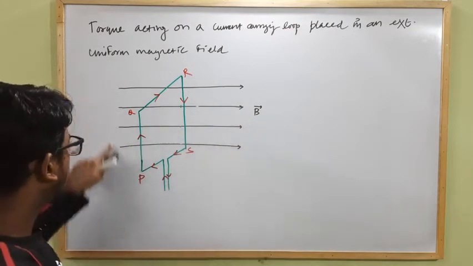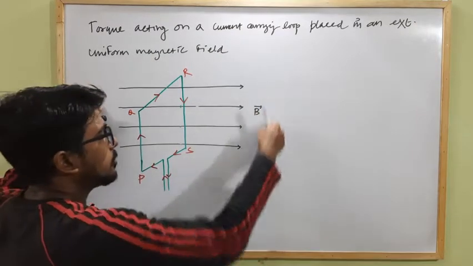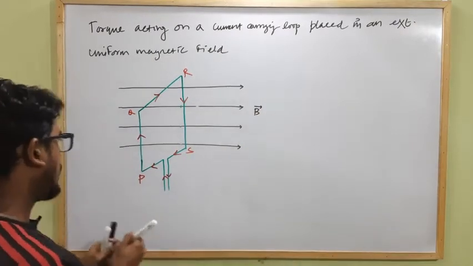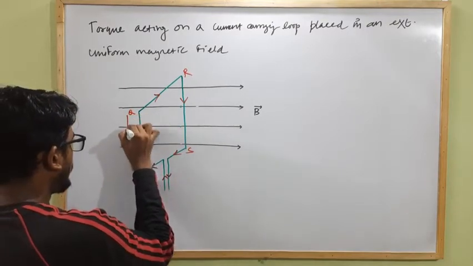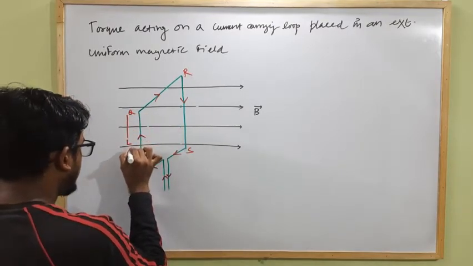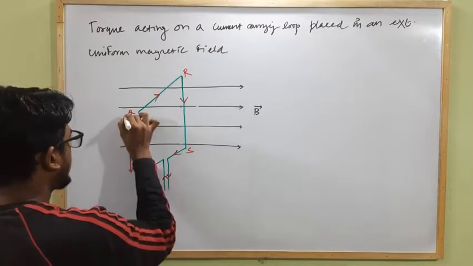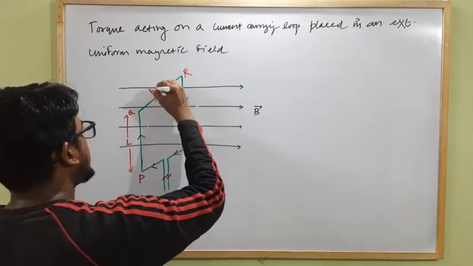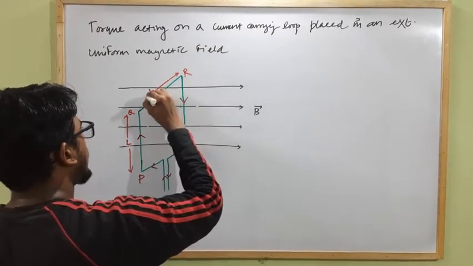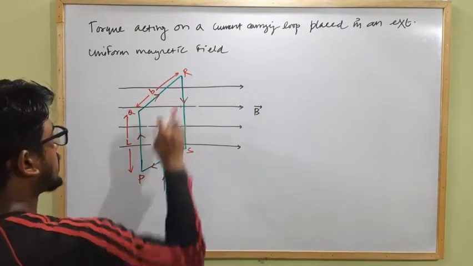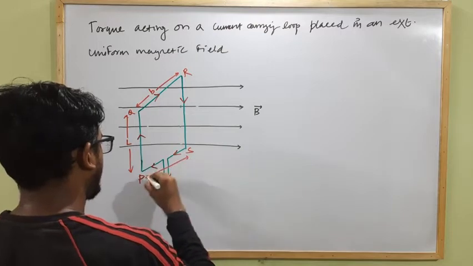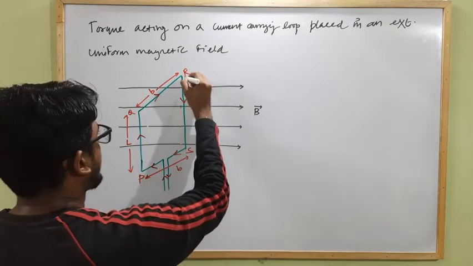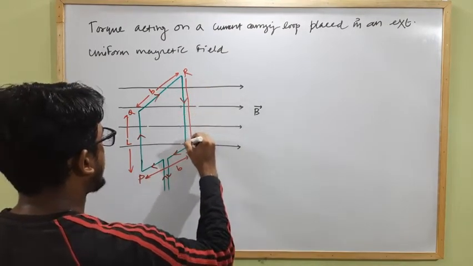So this end must be north pole and this end must be south pole. Clear? And the length of the loop from P to Q is L and the width is B. From Q to R, similarly this will be B, and from R to S this will be L.